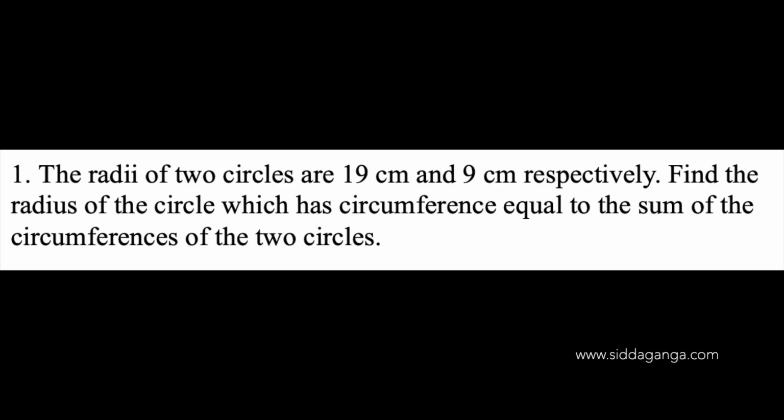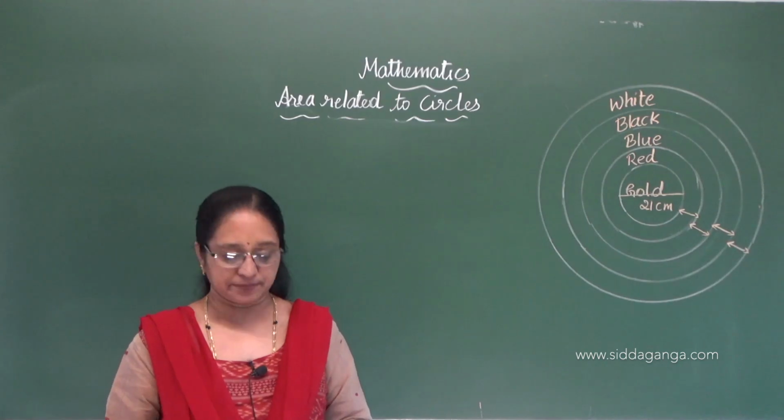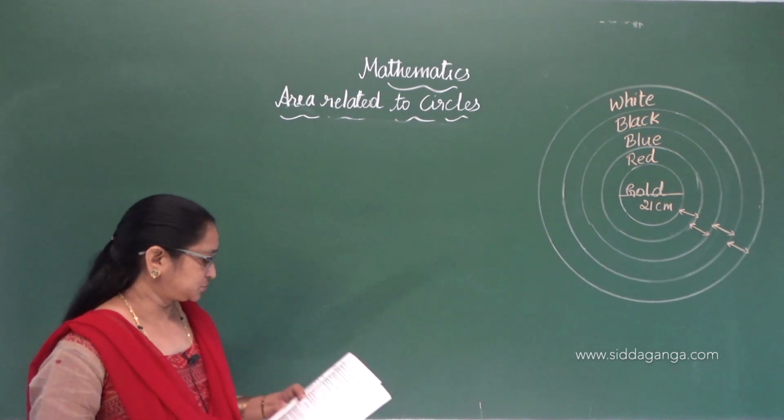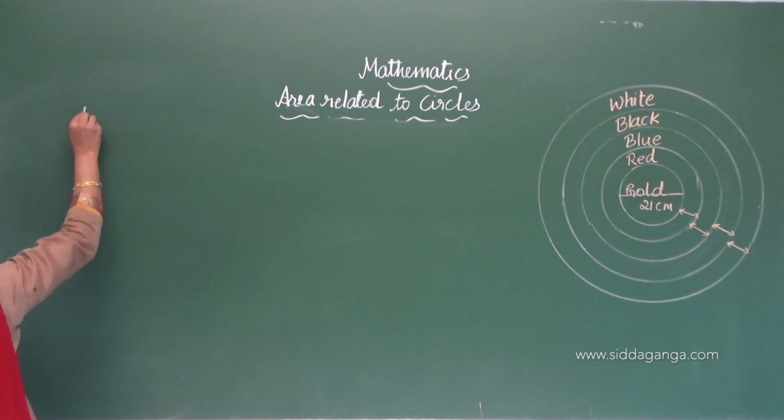So the first one, the radii of two circles are 19 centimeter and 9 centimeter respectively. Find the radius of the circle which has circumference equal to the sum of the circumference of two circles.